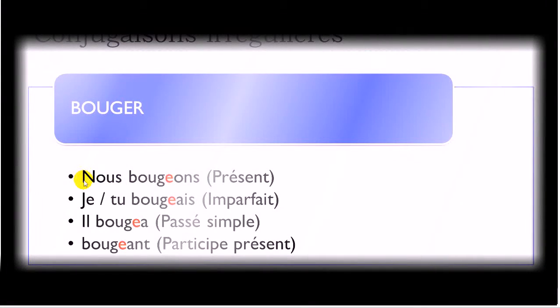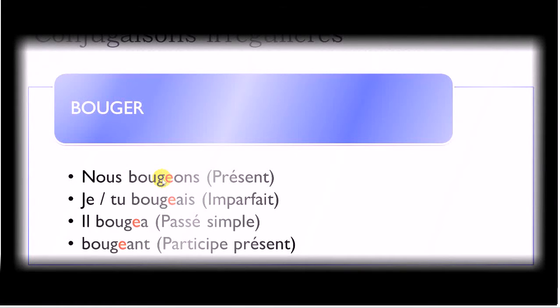So if we would respect the rule, we should write it like nous B-O-U-G, so without this E here, O-N-S. But let's just imagine that the E is not here. Phonetically, we would get the sound bougon, nous bougon. And then the problem is that it would be difficult to make a connection with the infinitive. And the infinitive is bouger, with ge, like je, all right?